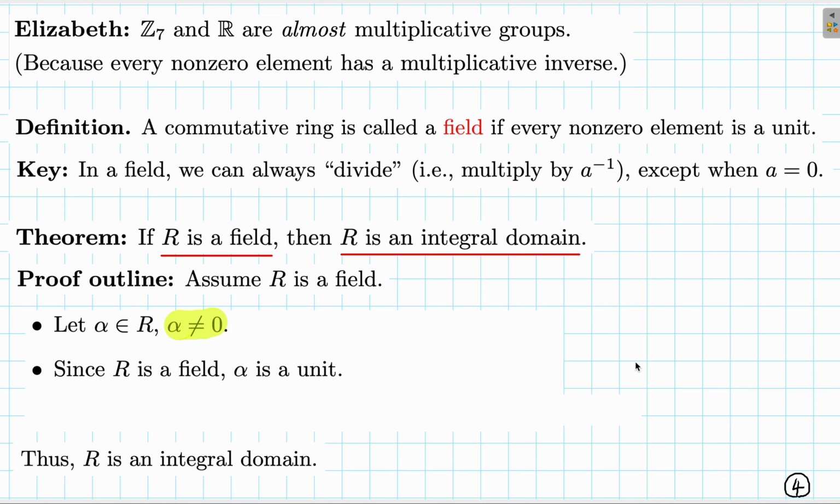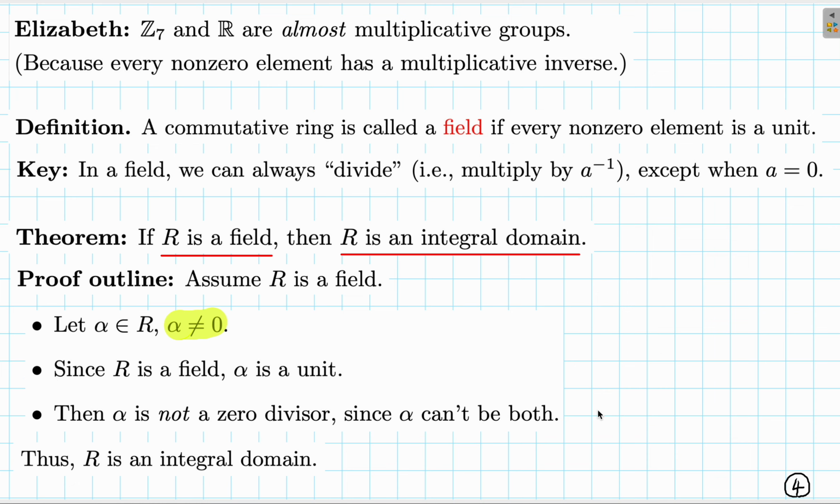So if alpha is already a unit, it can't be a zero divisor because alpha can't be both. And then we've shown that R does not have any zero divisors, and hence it is an integral domain. And so I'll leave it up to you to write down this proof more carefully, but that's the general outline of the proof.